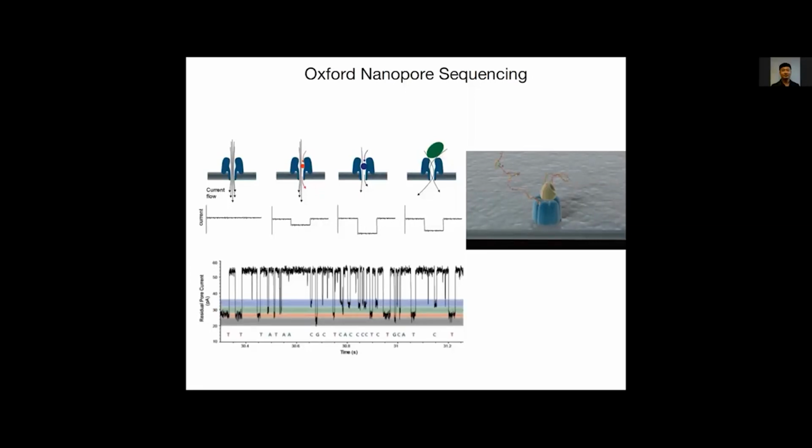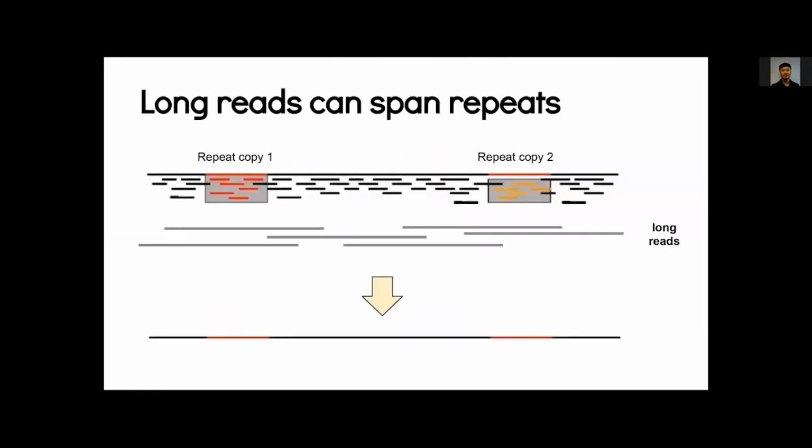That does not have any limitation on the sequence length, so these long reads can span the repeats. That's why it can provide a comprehensive and accurate mapping of structural variations.